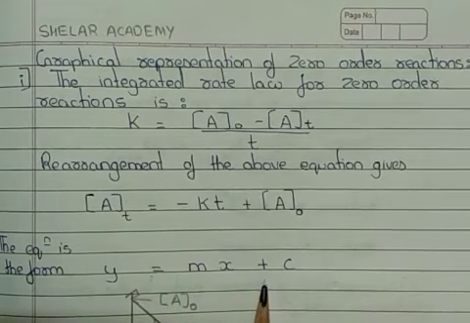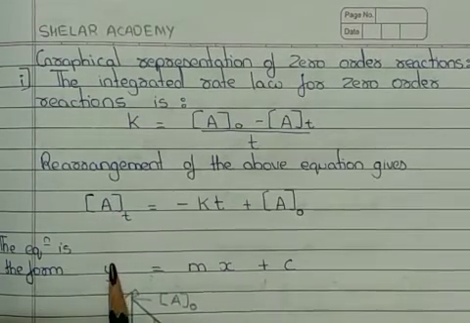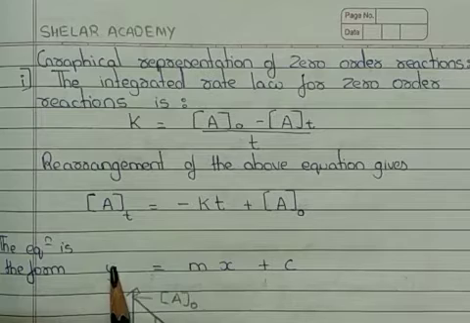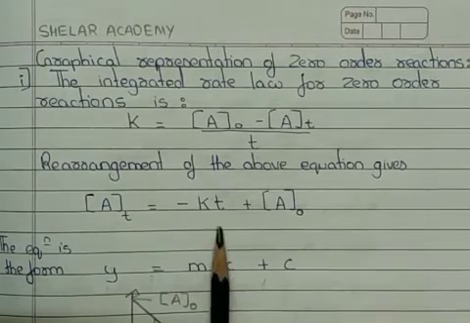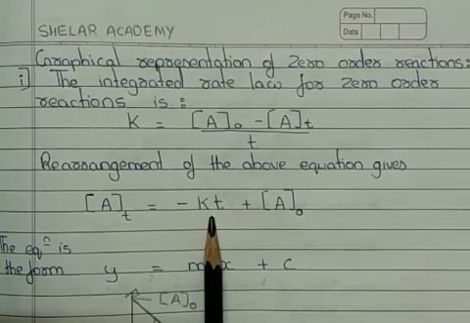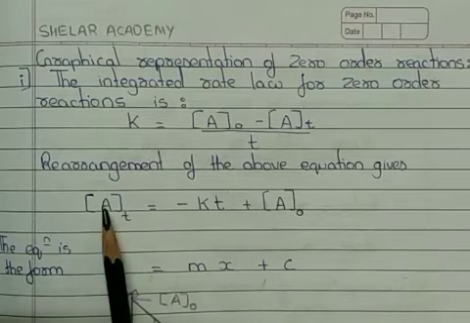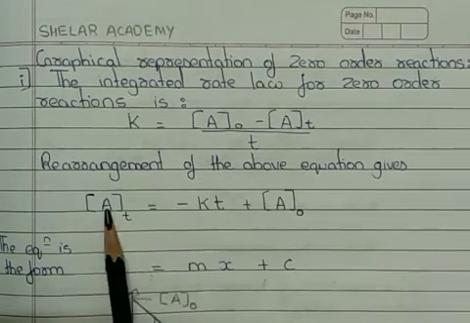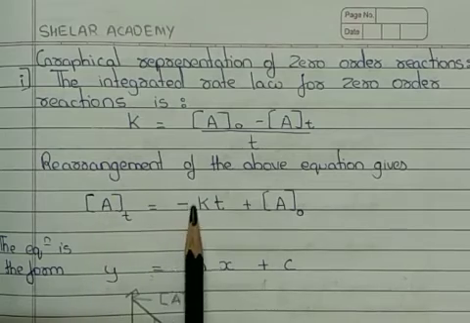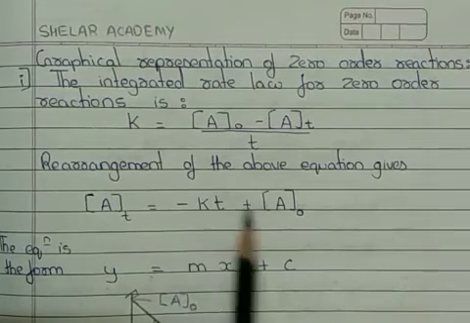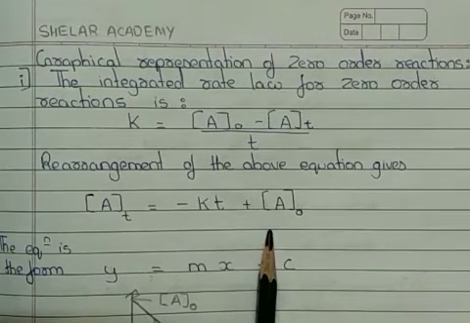So we could see that our y-axis correlates with concentration of A at time t, and x-axis correlates with time. So the equation should give a straight line, with the axis coordinates inversely proportional to each other, along with the intercept value.